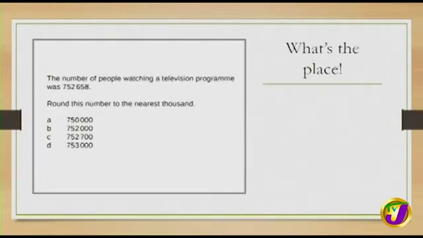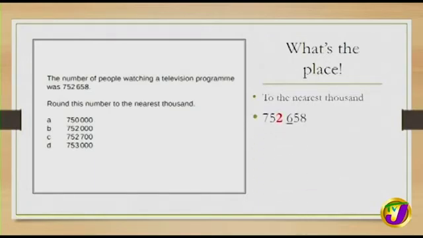Next question. But let's read the question first. The number of people watching a television program was 752,658. Round this number to the nearest thousand. So we're still at the thousand. What digit is now in the thousand place? That's what is important.